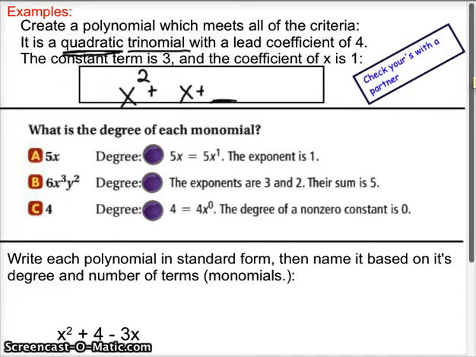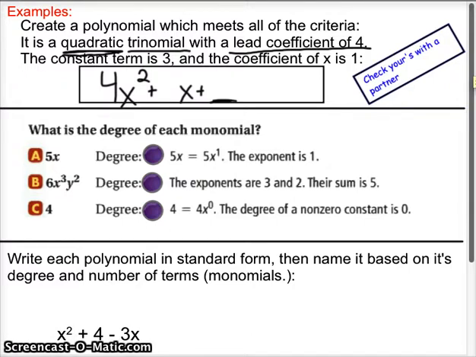Next, it tells us our lead coefficient is 4. Now, the lead coefficient is going to be that first coefficient, so that's what's going to be on the x squared. The lead coefficient is of that first term, the term with the highest degree. So lead coefficient is 4.